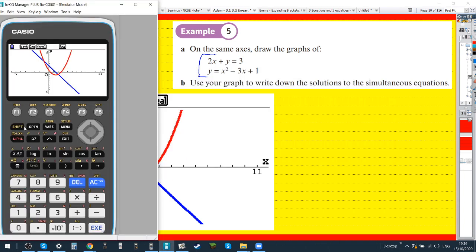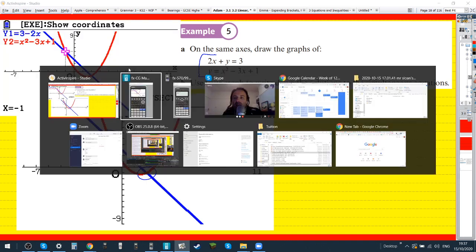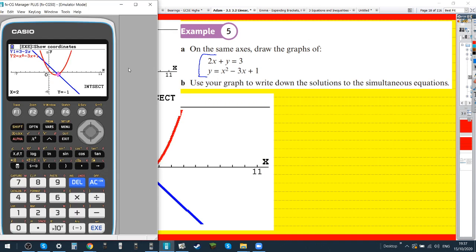We go to this thing, shift, graphical solve, point of intersection. What are our solutions? X equals minus 1 and y equals 5. So that's that one. And then we press right and we get the other one.